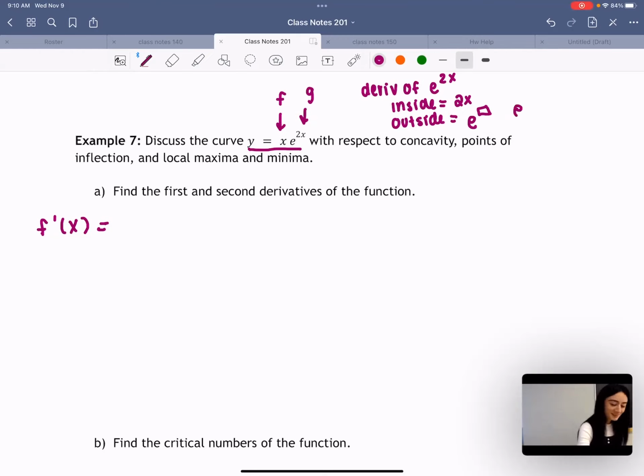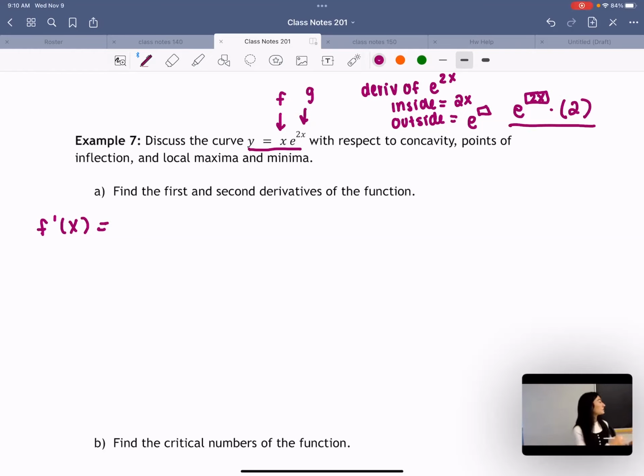E to the something. So it's going to be e to the something times the derivative of the inside. What's the derivative of 2x? 2. Good. So we can just stick the inside back in that box. So we know that the derivative of our second function is 2 times e to the 2x.